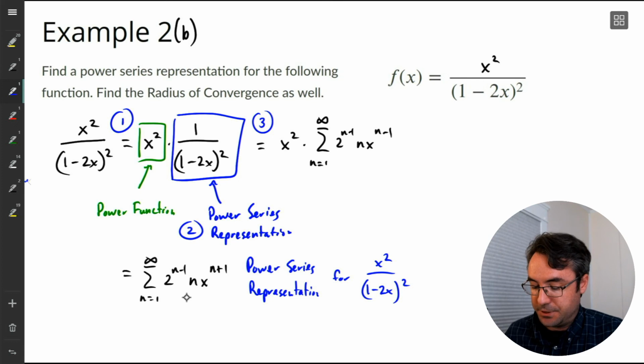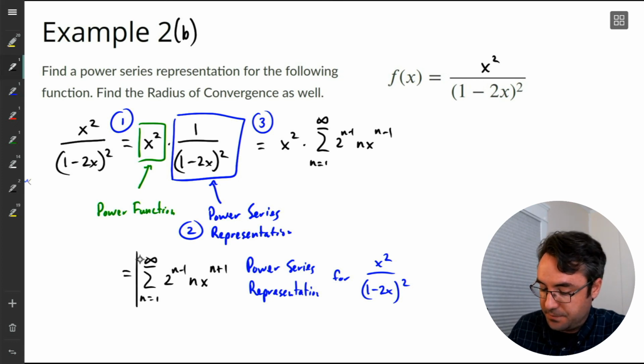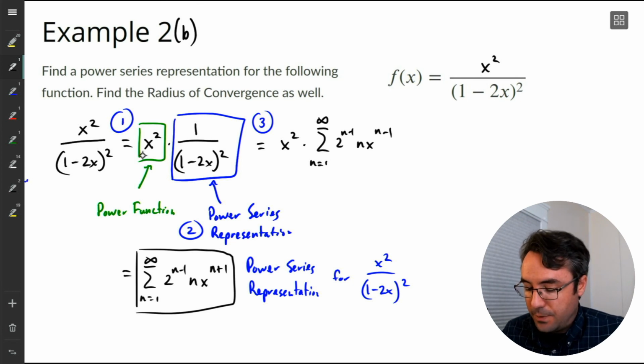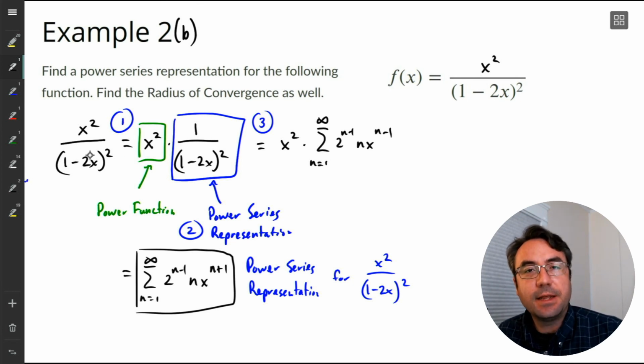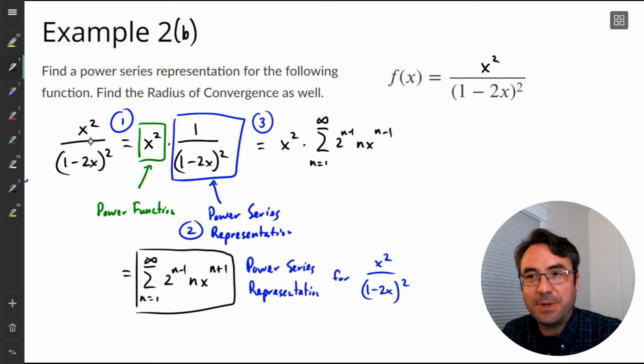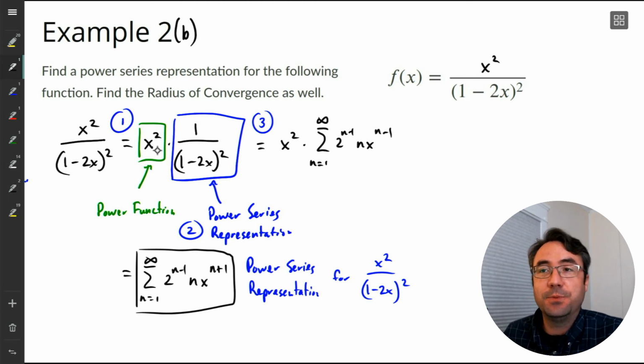So here's our power series. This is it. This is our power series representation for that function we were interested in. So again, when we have a function that we're interested in getting the power series for, if there's a power function kind of mixed in there, especially in the numerator, like an x squared, a positive integer exponent, so x squared, x cubed, that's pretty good.